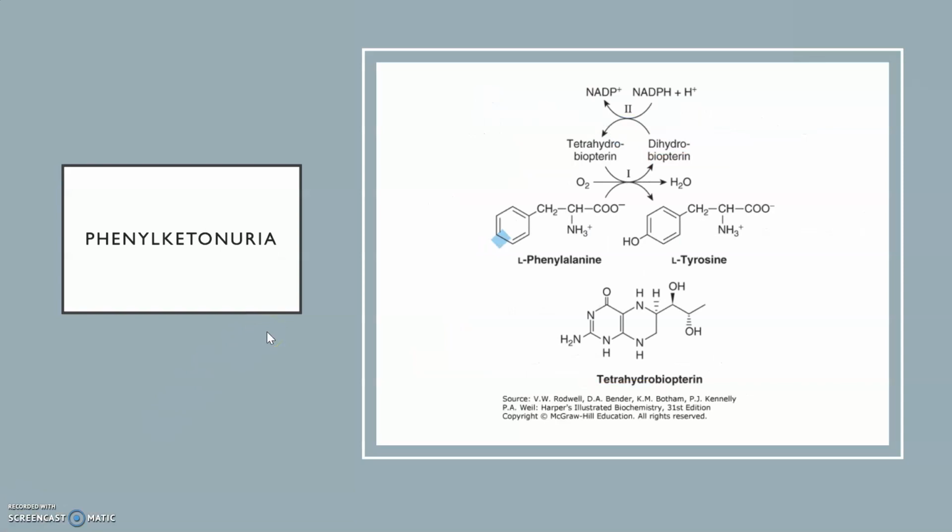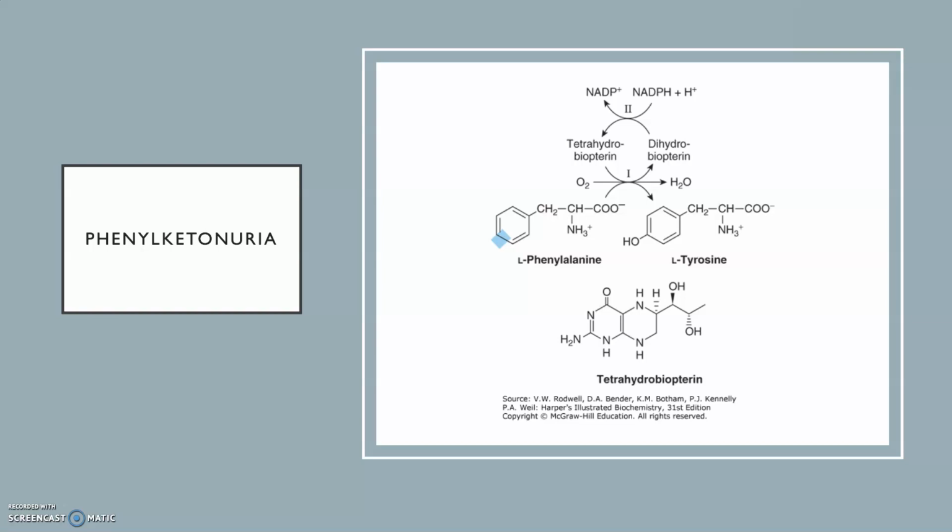Case number 2, scenario 3 is about an infant with an increased level of phenylalanine. In this case, phenylalanine hydroxylase or its cofactor tetrahydrobiopterin, BH4, or both are deficient. Tyrosine is not synthesized effectively here and therefore it becomes a conditionally essential amino acid due to the deficiency.